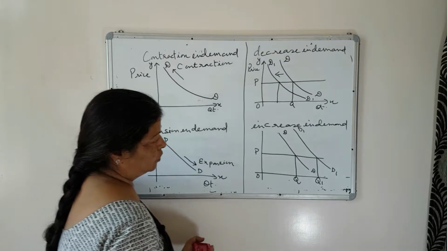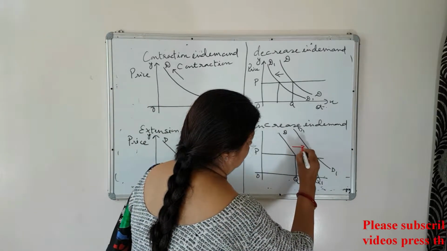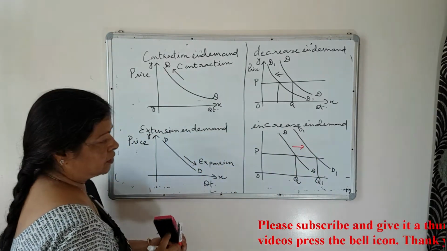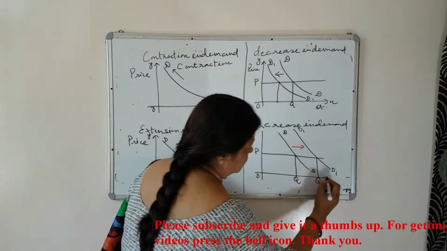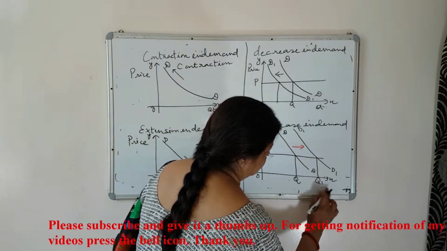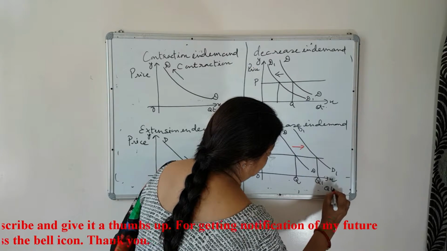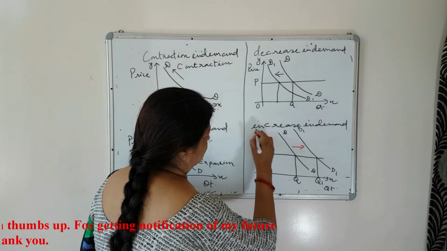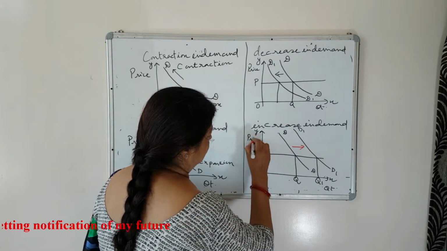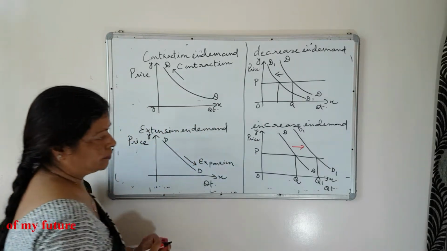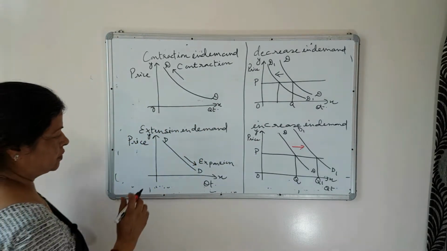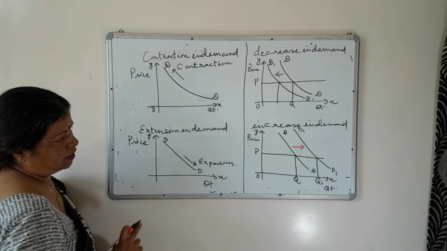Here you can draw the arrow which is in right hand side. This is your x-axis, which is denoting quantity, and this is your y-axis, which is denoting price. Similarly I have written here also.